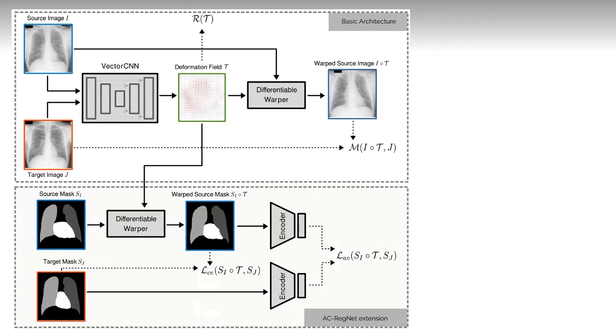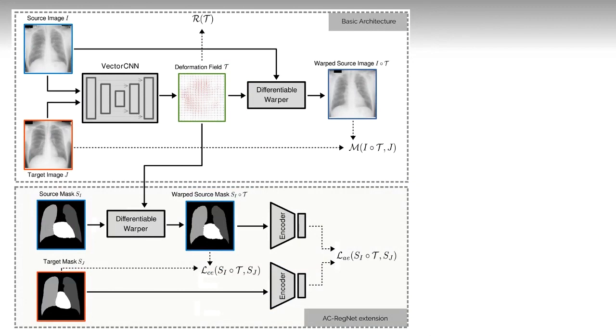Now, you will not only have your images, but you will also have segmentation masks with the structures you want to preserve when you are doing this deformation. And what you will do is basically apply the same deformation field now also to the segmentations and use the same idea of using this pre-trained autoencoder, computing the embeddings, and taking the embeddings to complement the pixel level loss.